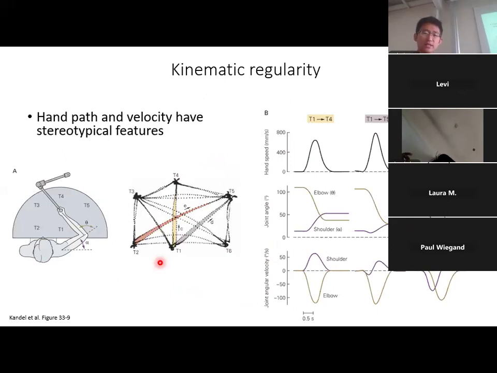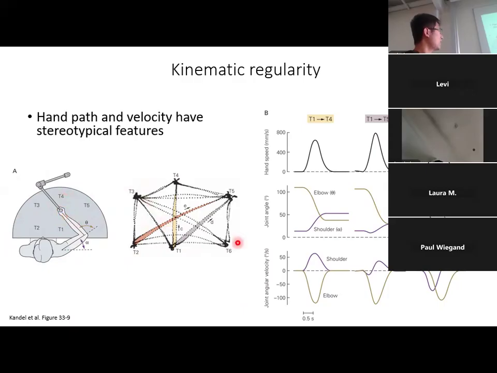Here, let's look in more detail at the hand and joints. This is also a very classical experimental paradigm in research: 2D planar reaching. The participant grasps a handle and can move this manipulandum on a planar surface. Here there are 6 movement directions.